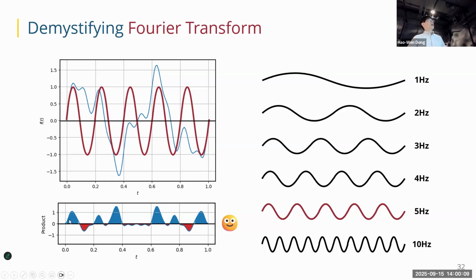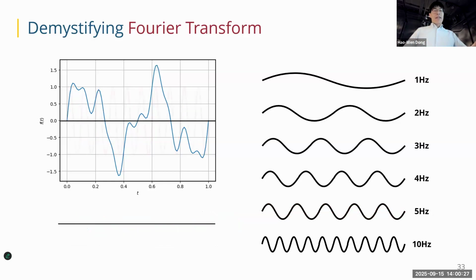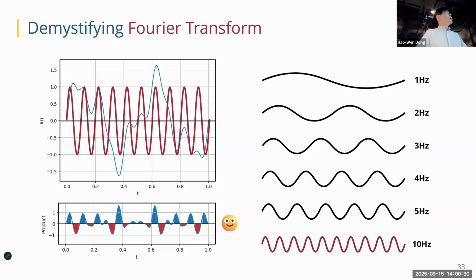So if you take all the blue areas minus the red areas, you get a smaller detection, and that's what we'll see later. That's how you detect how strong that component is. And then for 10 hertz, again there's positive and negative, but overall there's a match. There's more positive than negative.